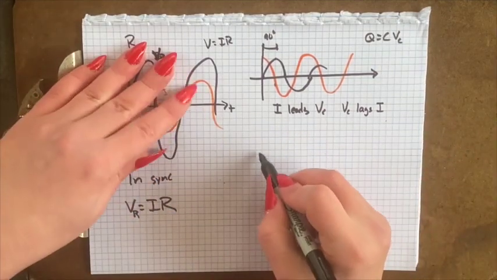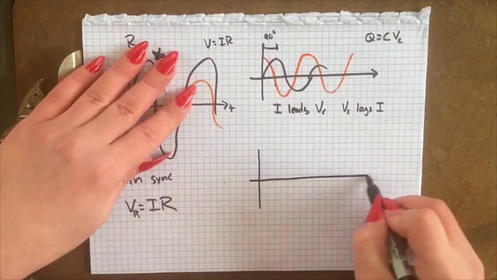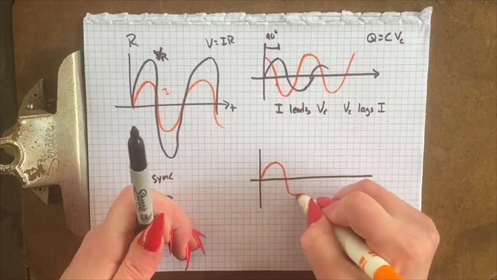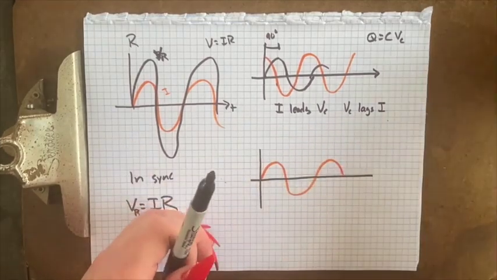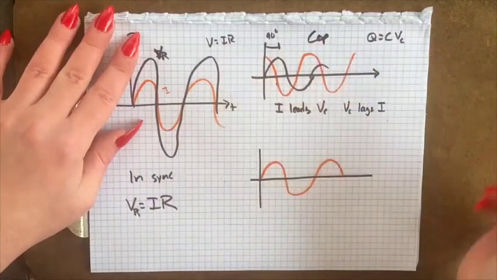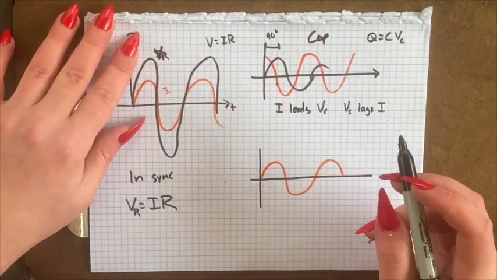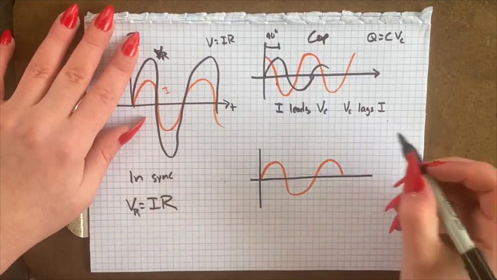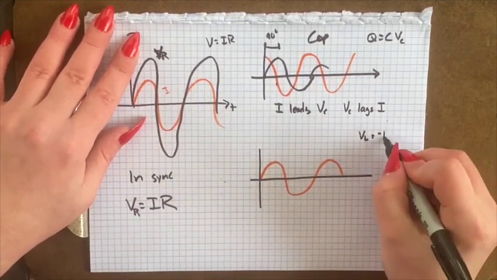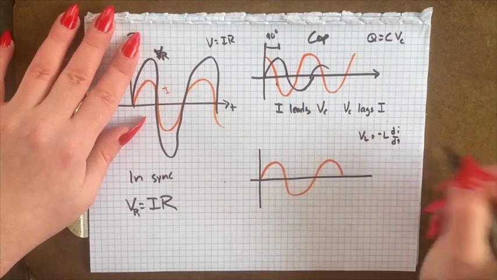If we did the same thing for the inductor, let's start out with some function for the current. That's the capacitor. The inductor, how does it behave? We know VL is negative L di dt.